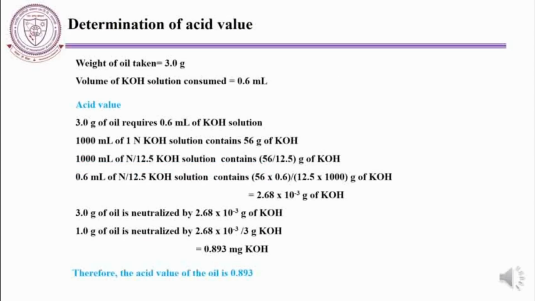The next part is determining the acid value. You can remember that we titrated, and ultimately we got a value of 0.6 ml of potassium hydroxide, of N/12.5 concentration, neutralizing the fatty acid present in the oil.